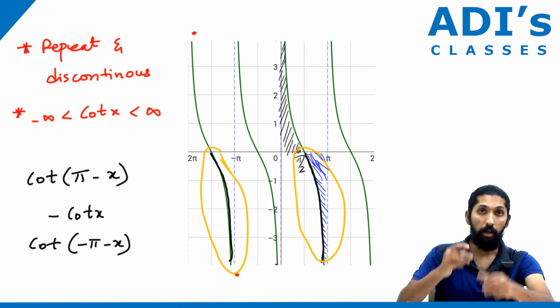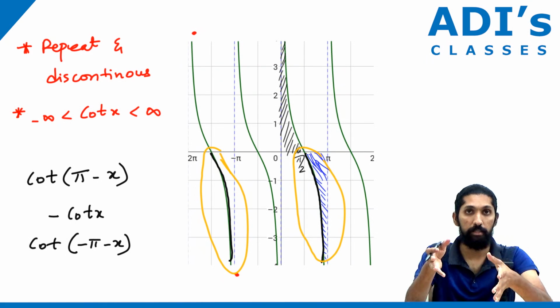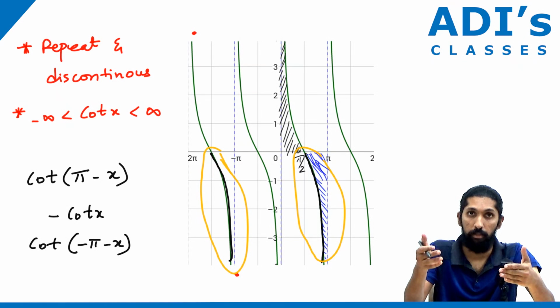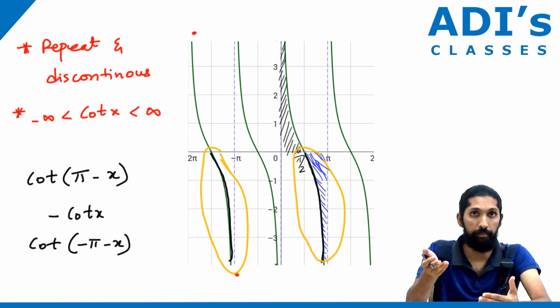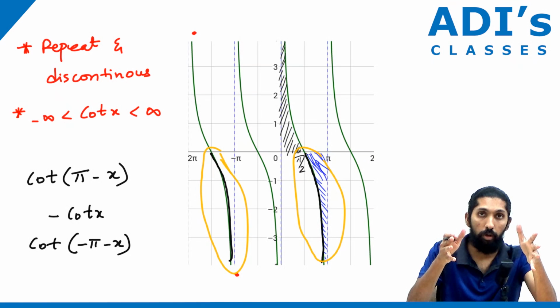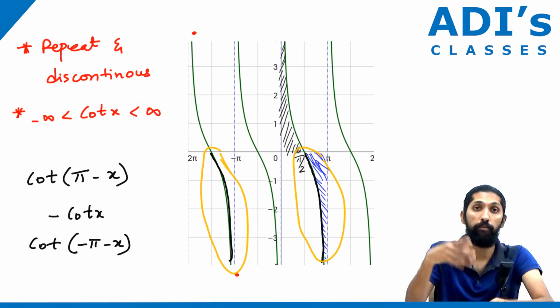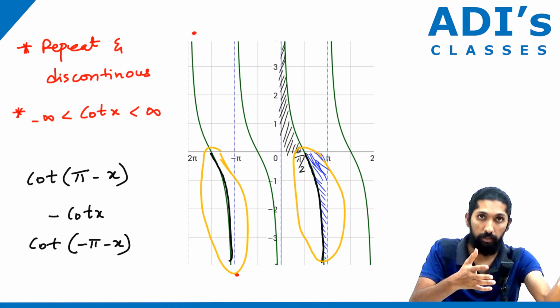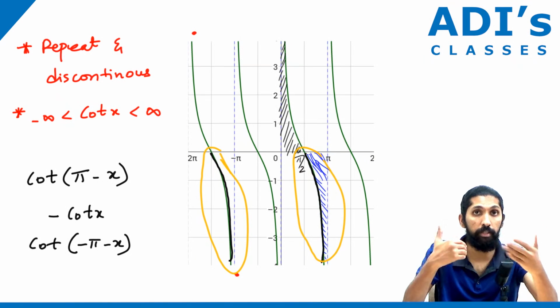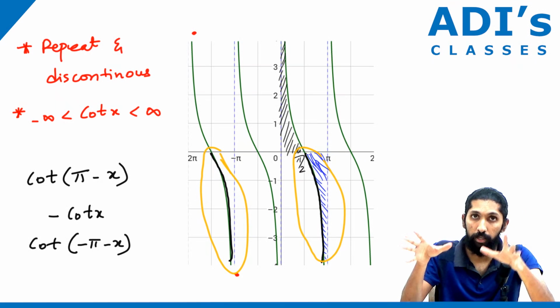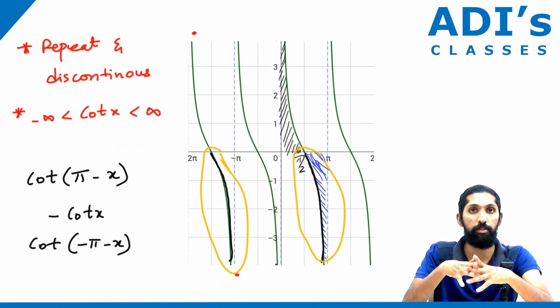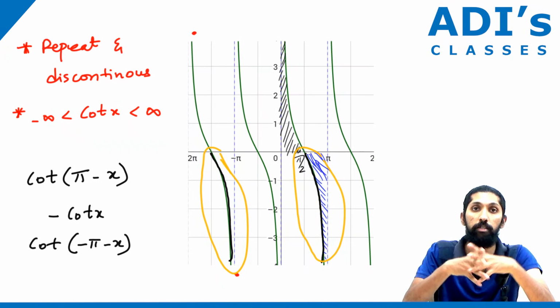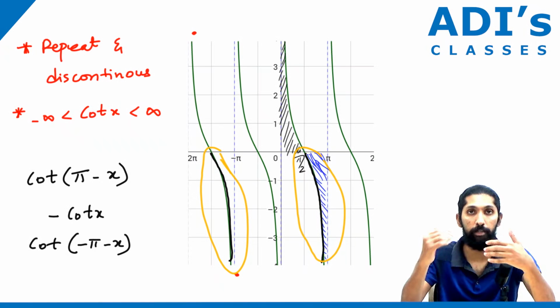That means cot of pi minus x is minus cot x. That is nothing but the allied angles concept, isn't it? So all these graphs tell you which quadrant and what is the relation between them. Everything you can do with the help of these graphs. Alright, so this concludes the graph part of trigonometric functions.